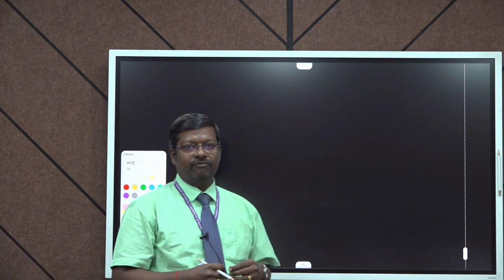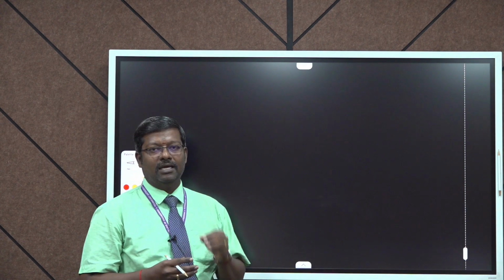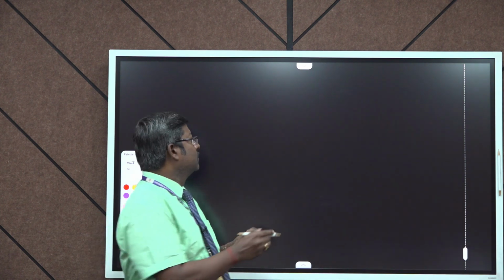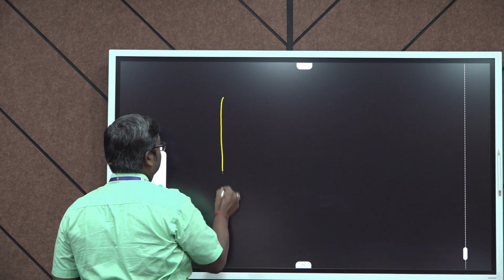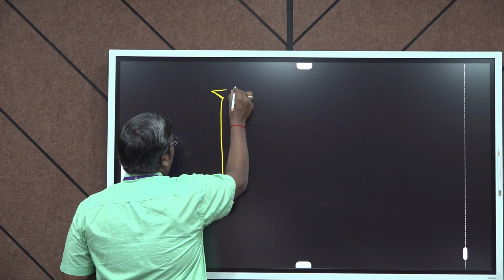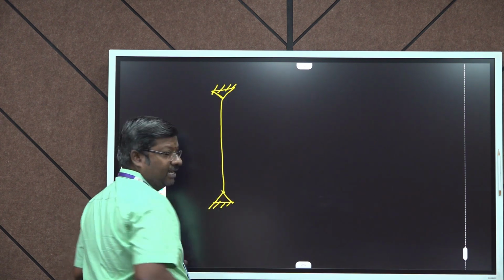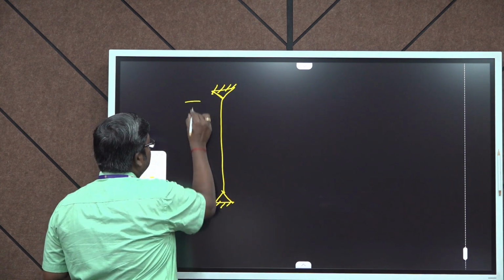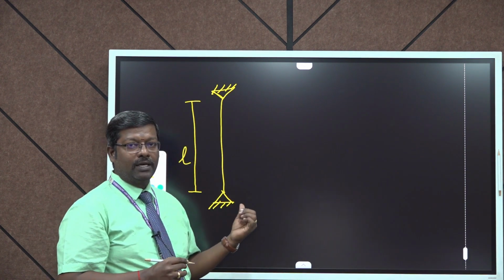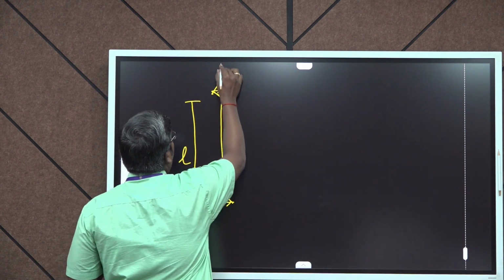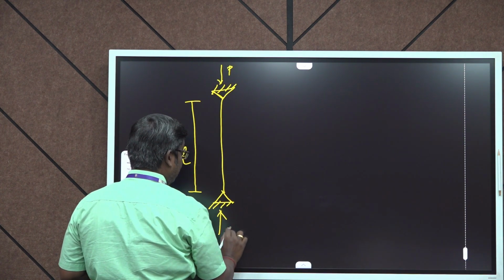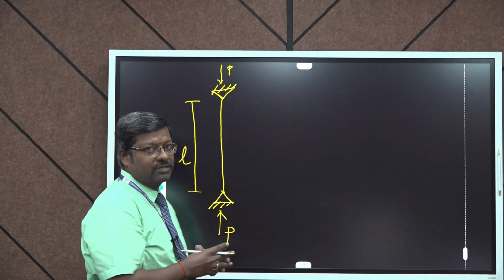In this lecture, we are going to see Euler's column theory for a column with both ends hinged. Let us consider a column. Both ends of the column are hinged and the length of the column is taken as L. It is subjected to axial compressive load P. The load capital P is acting in compressive mode.